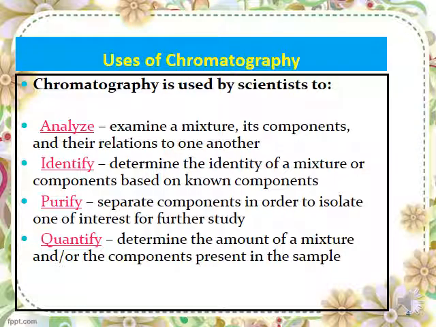It is used by scientists to examine a mixture, its components, and their relation to one another, identifying the mixture components, purifying the components, and then we can quantify. Quantify means the amount of individual component in the mixture can be identified.